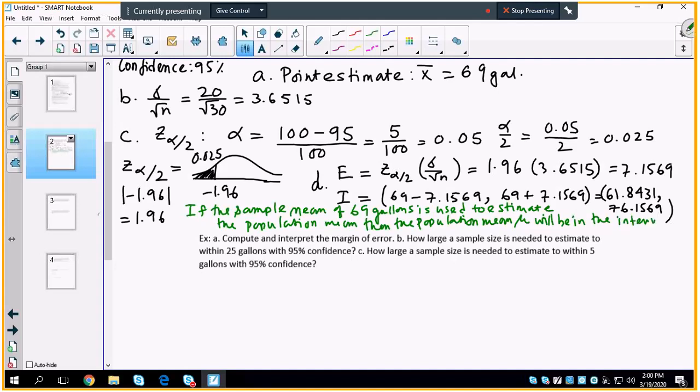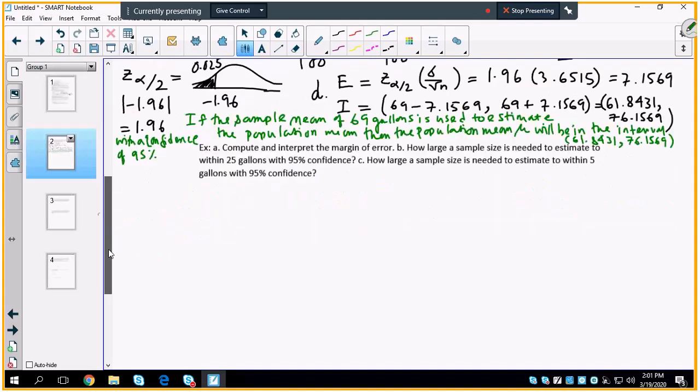So we found the confidence interval, and it will be in the interval of 61.8431 to 76.1569, and we are 95% confident about that, with a confidence of 95%. That's how we're going to interpret the confidence interval.